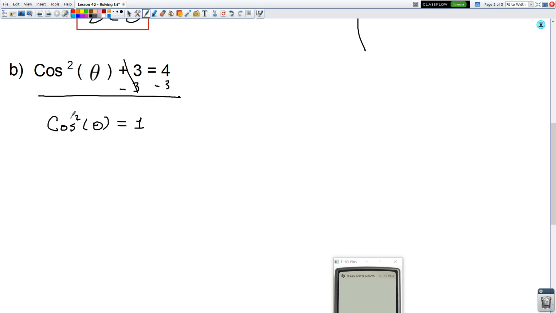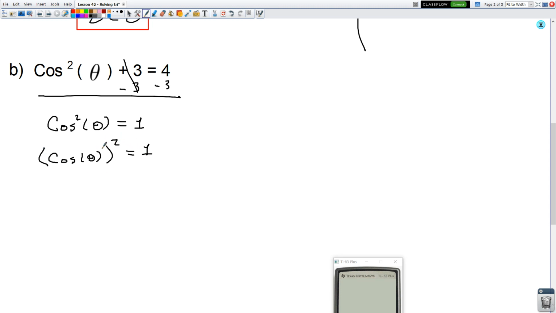So now this is where it gets different, because you might like to work with this cosine square of theta, but you can rewrite this function as cosine theta, the whole thing squared. Now, I prefer to write it this way.